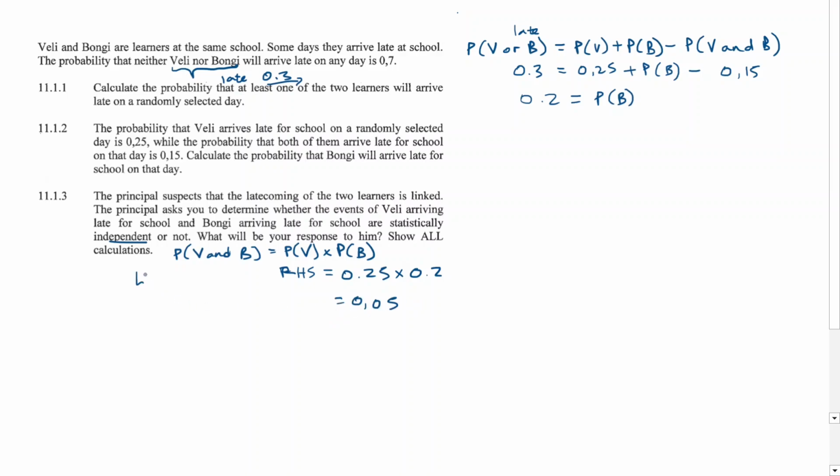But on the left-hand side of this independence formula, we know, because we were given it earlier, that the probability of Veli and Bongi being late is 0.15. And so because these two answers in the independence formula don't work out, they are not independent. That would be your advice: their being late is not independent of each other.